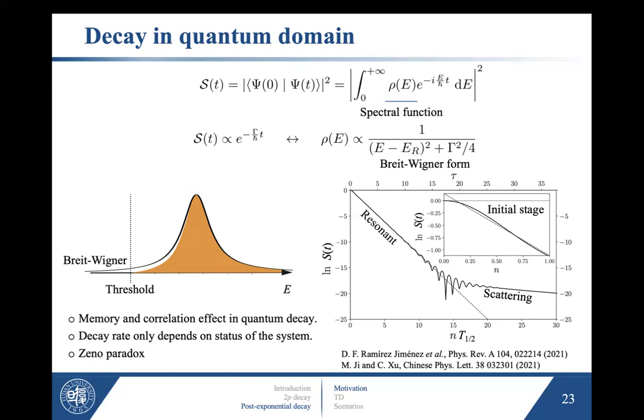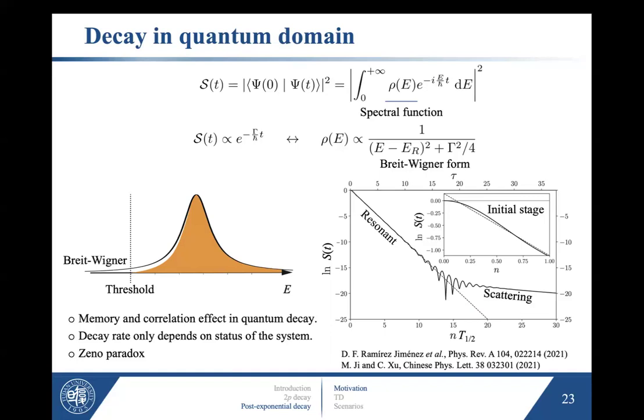And it's not hard to find out that, if this spectral function, which is like the line shape of the resonance directly measured experimentally, obeys the Breit-Wigner distribution or Lorentz distribution, it will have an ideal exponential decay law.